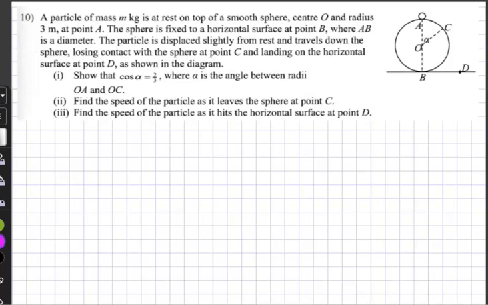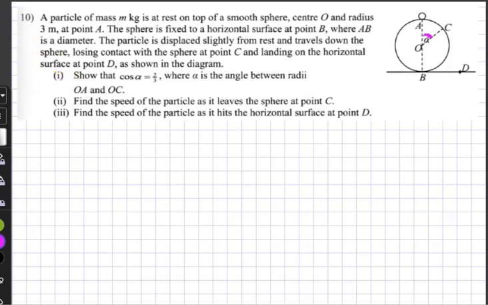Basically AOC, you can just about see it there. That's the angle we're interested in. They've called it alpha. Show that cos alpha is equal to 2/3, where alpha is the angle between the radii OA and OC.